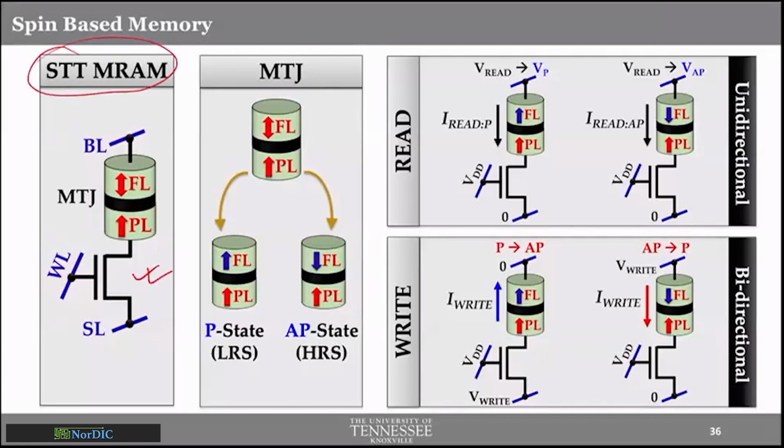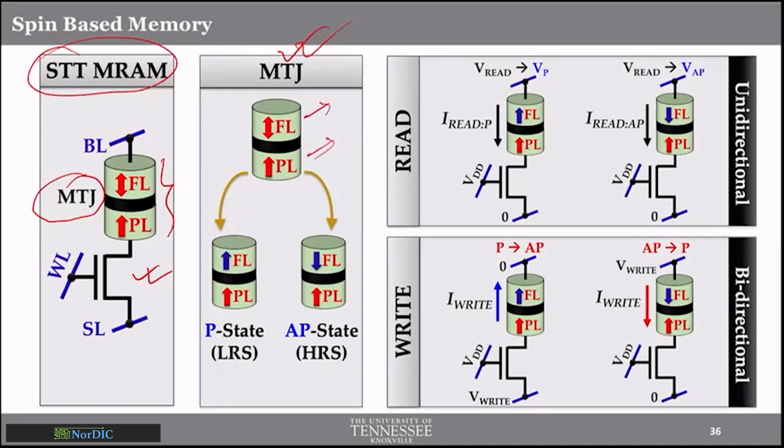So you have a transistor which allows you to read or write or access the stored data. And you store the data in this tiny device, which is called a magnetic tunnel junction, MTJ. This MTJ is made of multiple layers, but in a simplistic form, we can think about 3 layers.